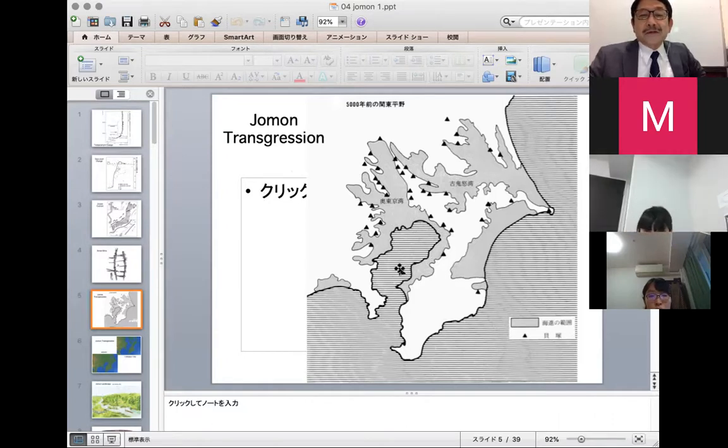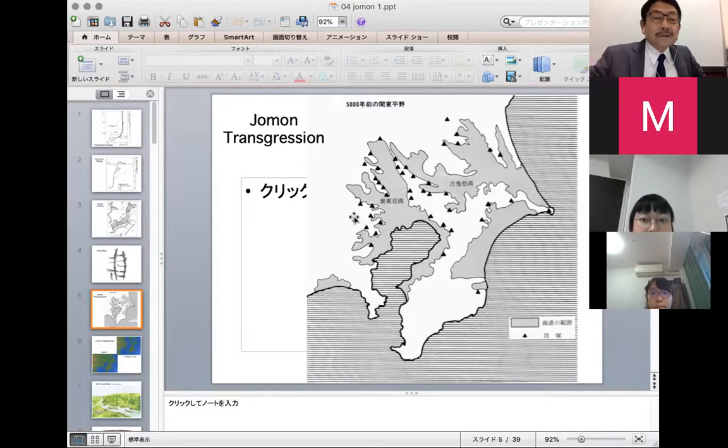But as a result of the ocean level change, the ocean goes into the inland area like this. You see, this is the present form of the area, but this gray area used to be an ocean that went into the inland of this area.